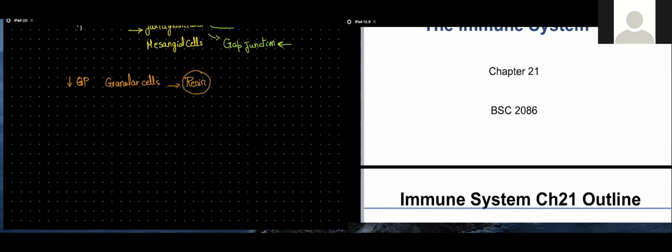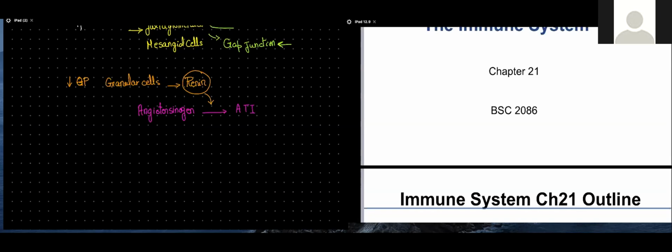Once the renin gets released into the bloodstream, it allows you to convert a plasma protein called angiotensinogen into angiotensin 1. This is under the effect of renin.